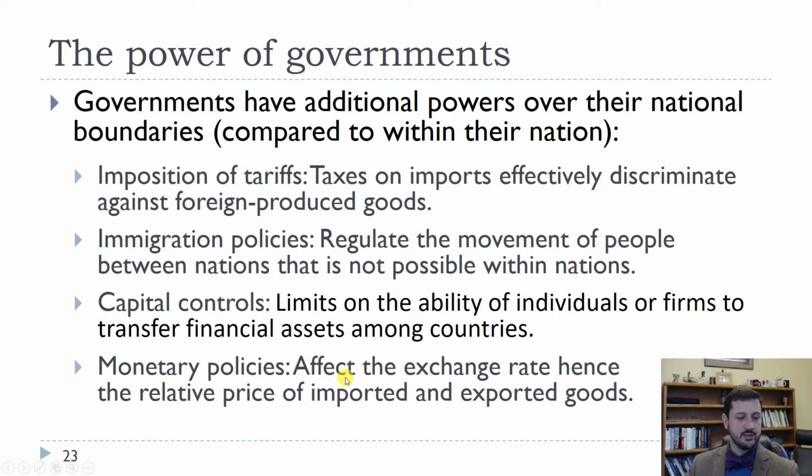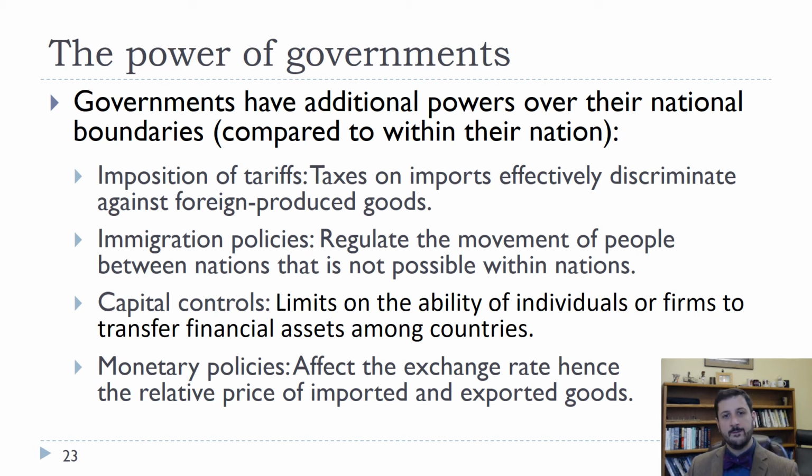So governments, faced with these short-run costs, often have political pressure to limit globalization, either by putting tariffs on to protect industries within the country, putting tighter immigration policies in to protect workers, putting capital controls on so that capital can't move around as freely, or using monetary policy to affect the exchange rate and try to boost exports and limit imports.